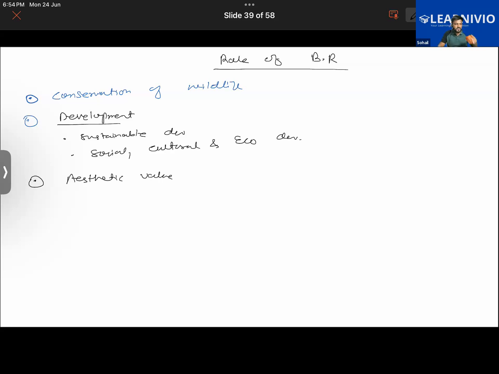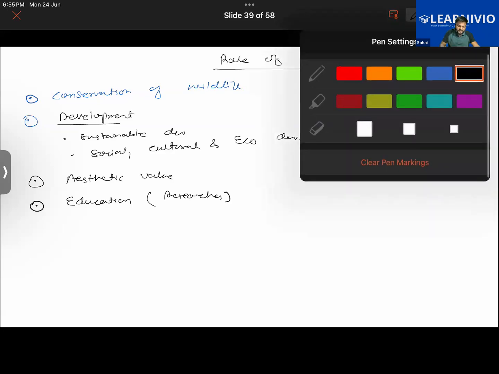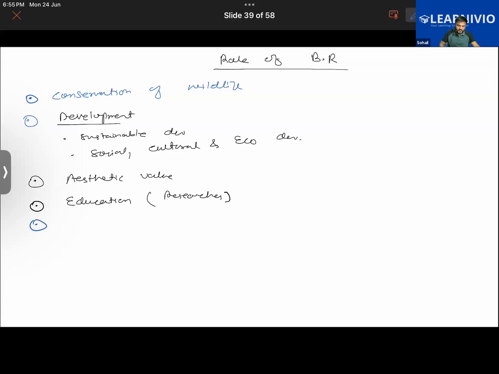What else? So education and research. It will be helping in the research purposes also. Education, like researches done on that area, would provide new studies to the scientist. Very good. What else?